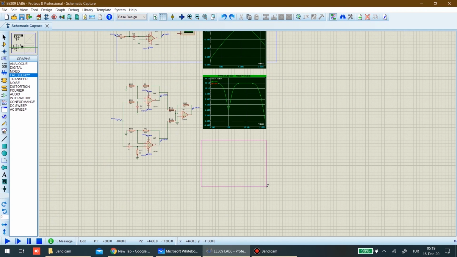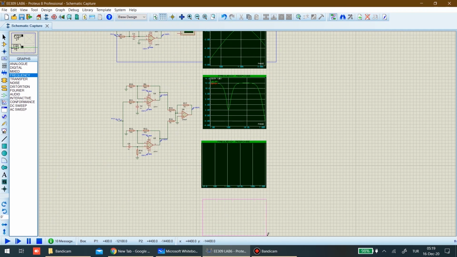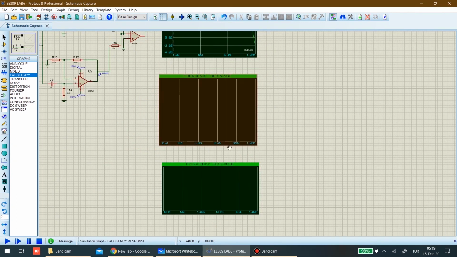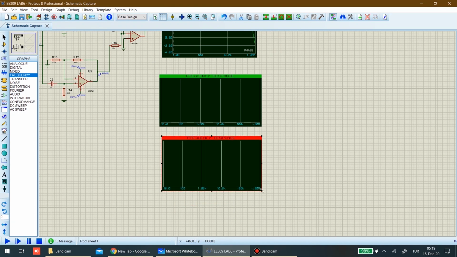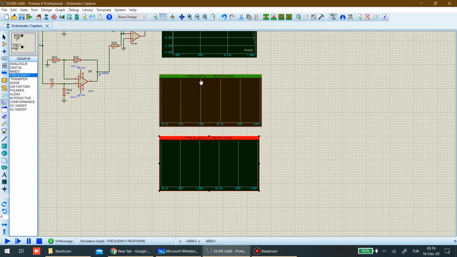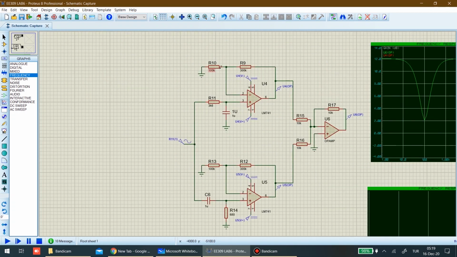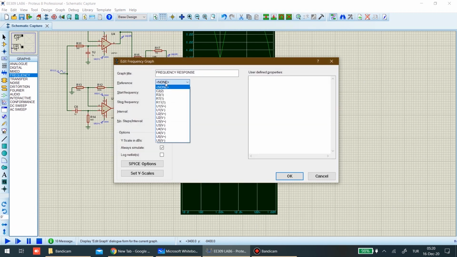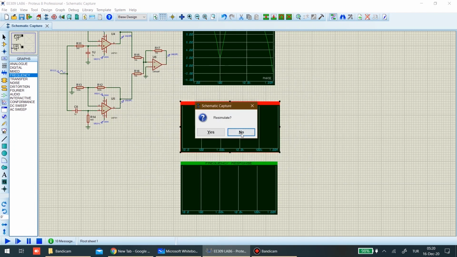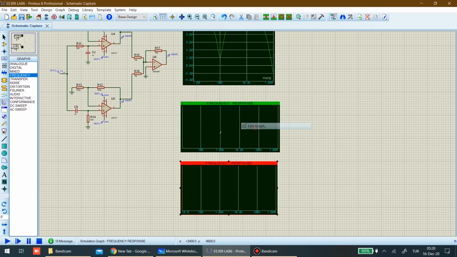Let us put two different graphs. This graph is for the low pass side. This graph is for the high pass side.